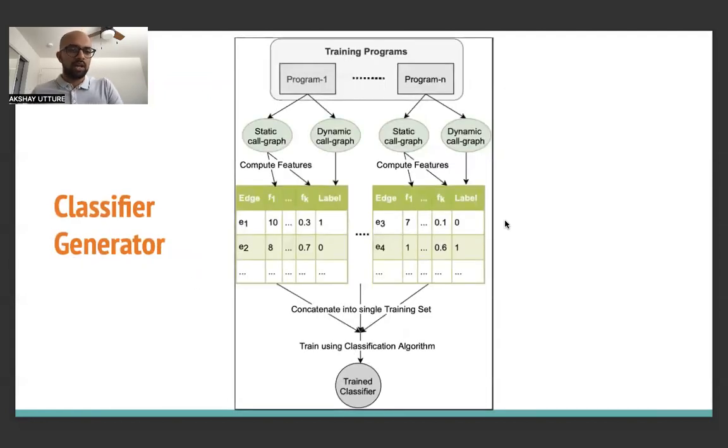Now let's look at the second component, which is the classifier generator. The high level idea is we're going to cast our problem of predicting if an edge is a true or false positive as a machine learning classification problem. And then we can use an off-the-shelf classification algorithm to solve it.